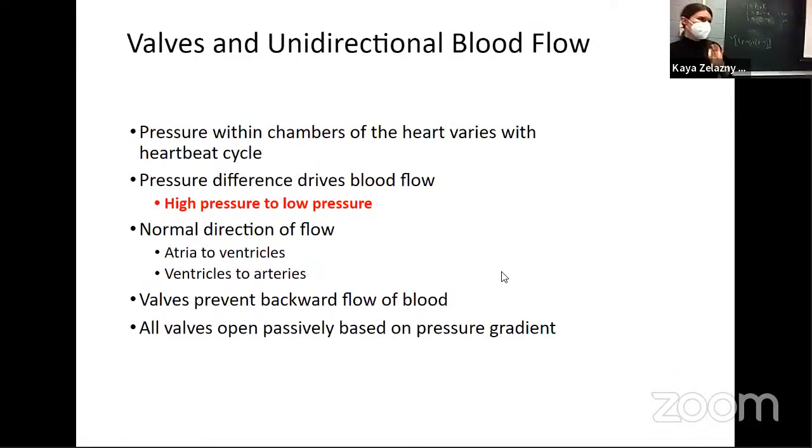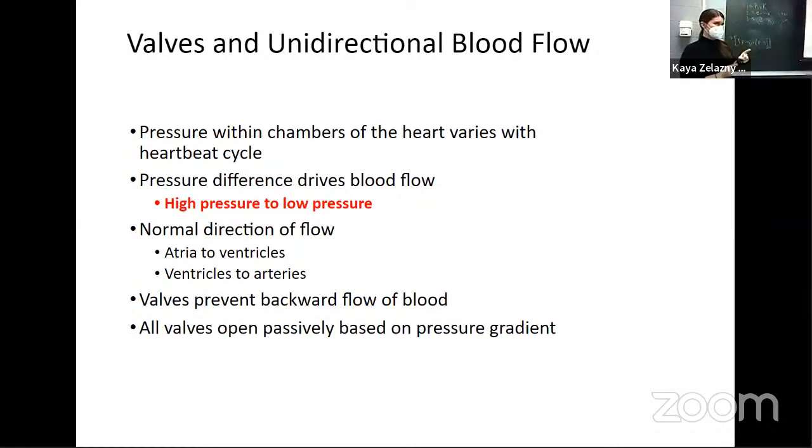Okay, which gets us to why the blood flow is happening. The fact that we have this muscle contracting, diastole, the relaxation, and systole, the contraction, means that really what we're doing is controlling the pressure in the chambers of the heart. In terms of blood flow, blood is always going to move from an area of high pressure to low pressure if it can get there.